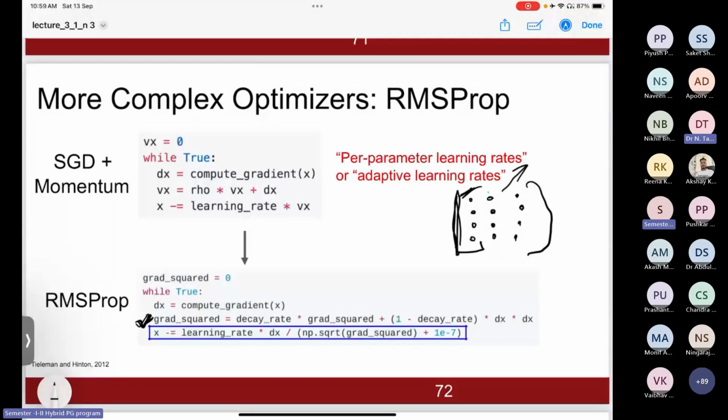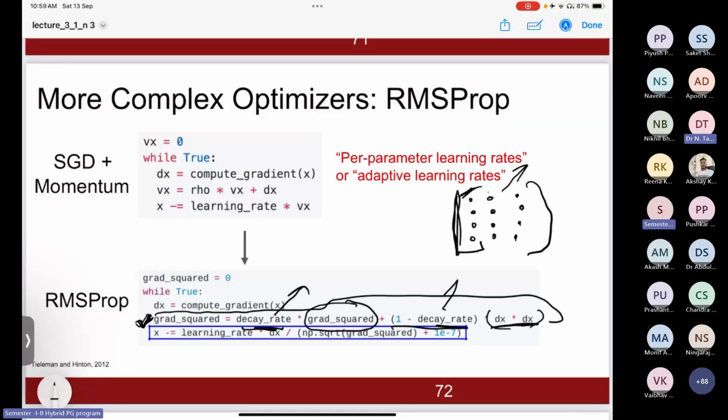So what it does, dx is again your current gradient. It finds the square of the current gradient, so dx square. And then it also finds the square of the past average gradient, and then it finds the average of these. So the decay rate is multiplied here, and 1 minus decay rate is multiplied here, just giving some weight to the past and some weight to the current.